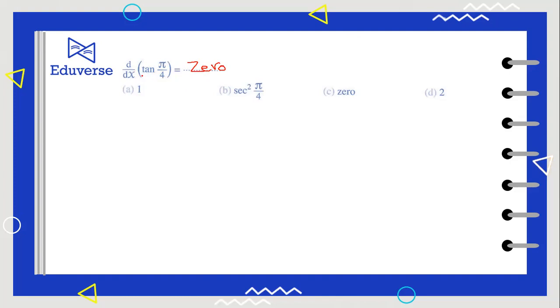Why is it a constant? Because no x here. Tan pi over 4 is a number. Pi is equal to 180, so tan 180 over 4 means tan 45, which equals 1. And the derivative of 1, or of any number, will be 0.